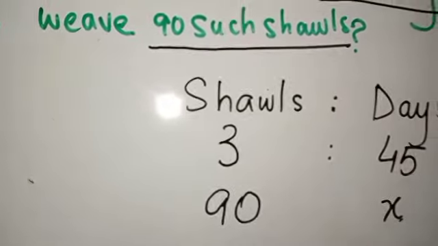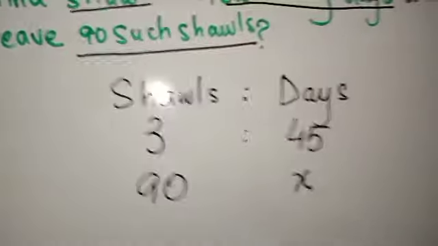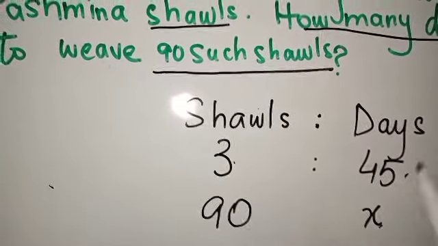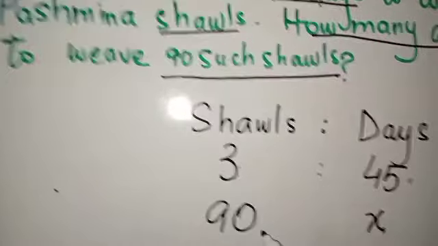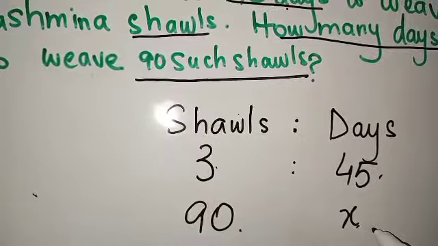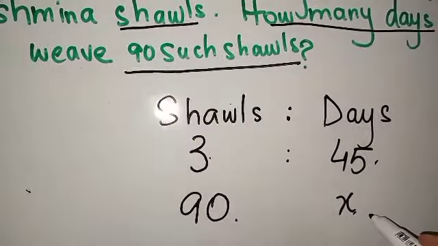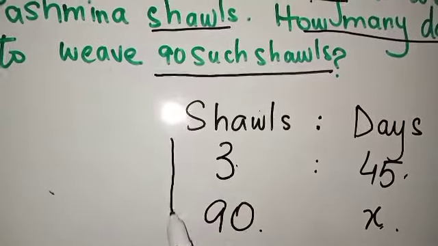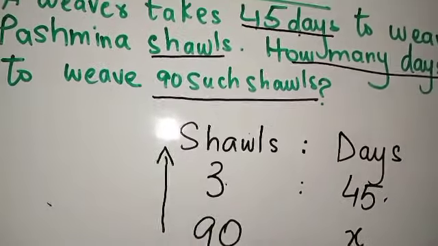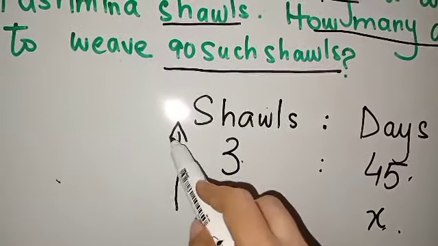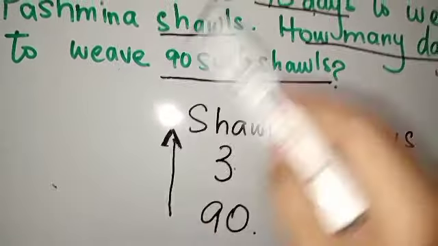Now 90 such shawls. Look at the question again. 3 shawls he is weaving in 45 days. When I increase the quantity of shawls, will more days be required or fewer days? Definitely more days will be required. When it is increasing, you draw the arrow upward.